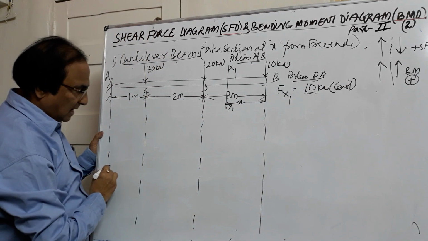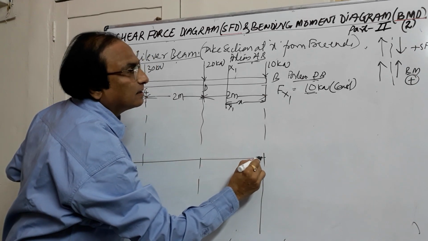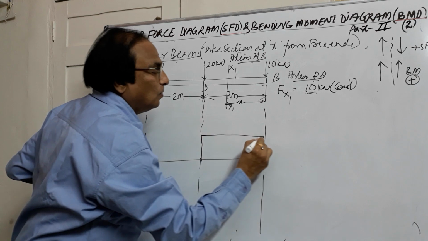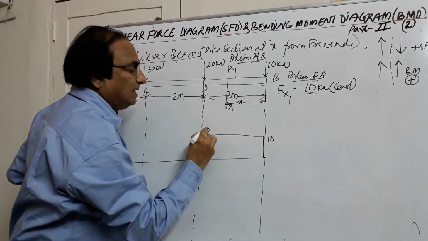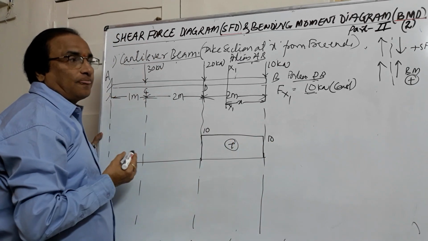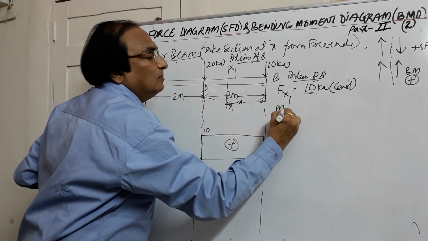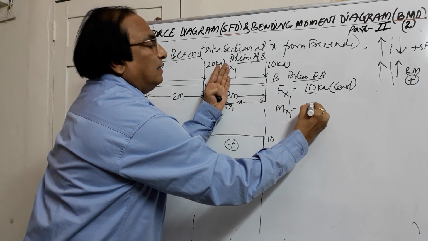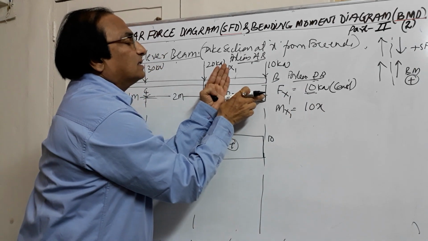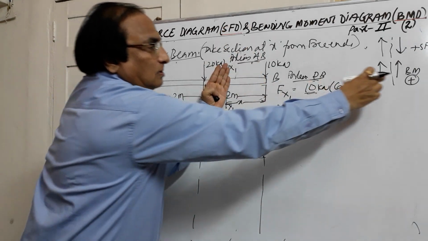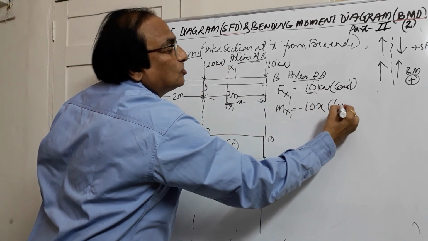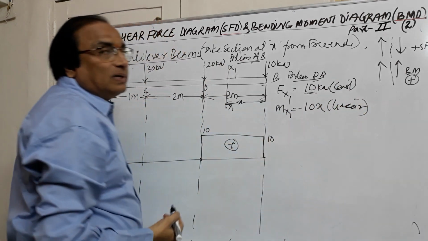Suppose if I draw the diagram here, here to here, this value is going to remain constant as 10, and it is positive. Likewise, if I draw the bending moment diagram at x1, so here it will be 10 into perpendicular distance is x, down bending moment is negative, it is x to the power of 1, so it is a linear bending moment diagram.